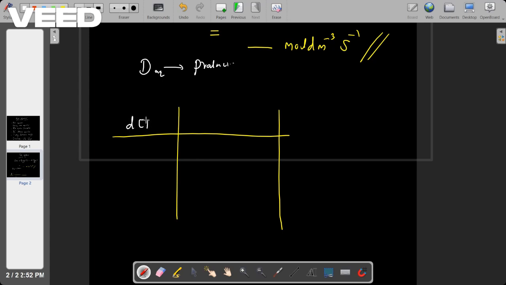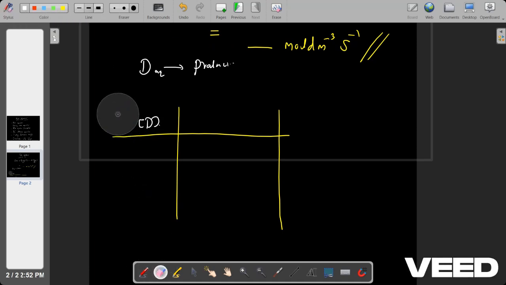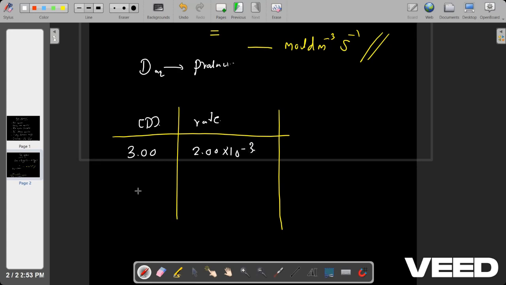Change in D. When the initial concentration of D is 3.0, the rate is observed as 3.00 times 10 to the power of minus 3.